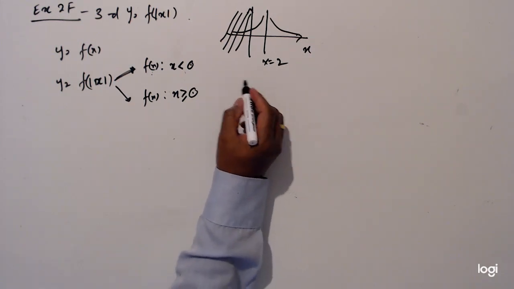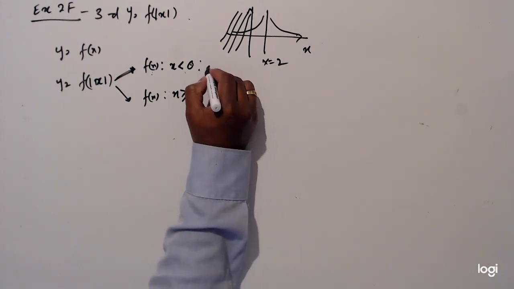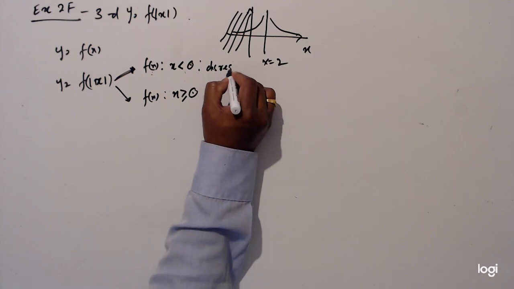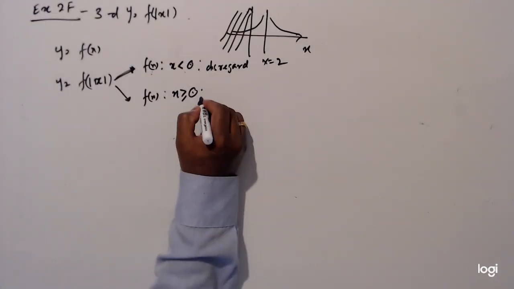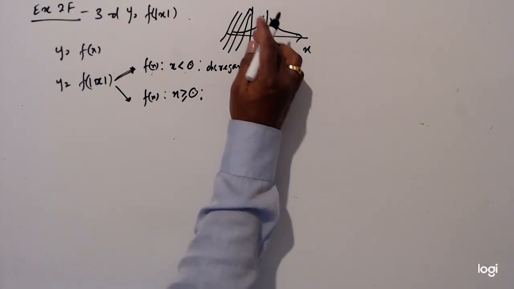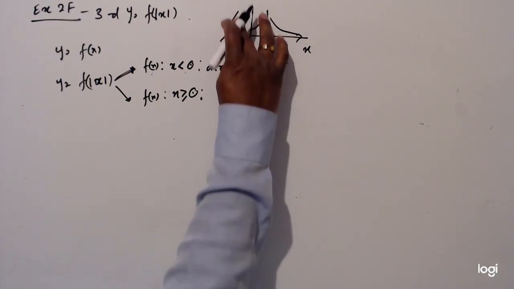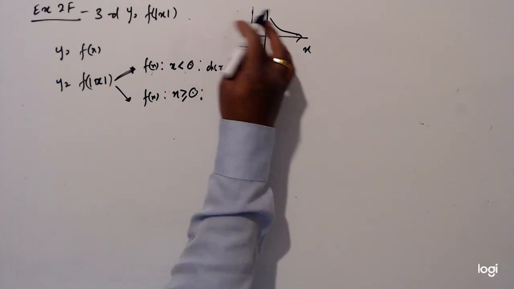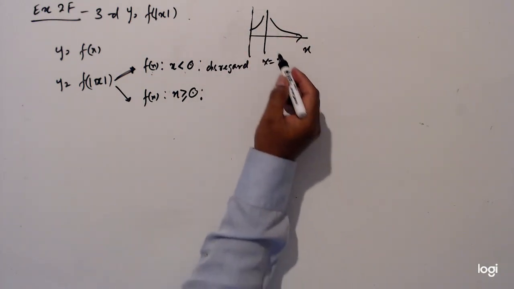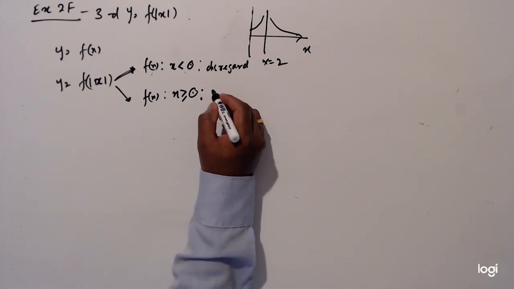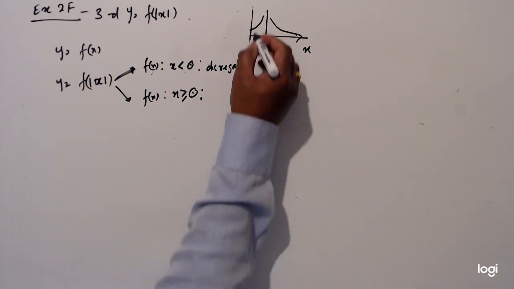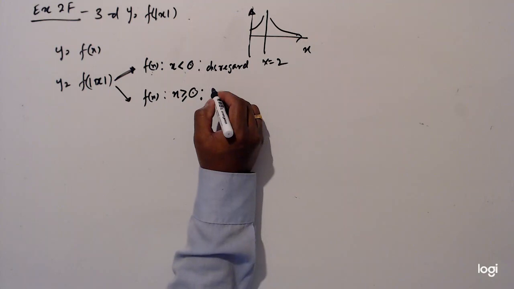So what is the command given? Disregard, when you draw this one, the x less than 0 area. So now we disregard this area. Now the remaining is this part. So we want to get the mirror reflection along the y-axis.